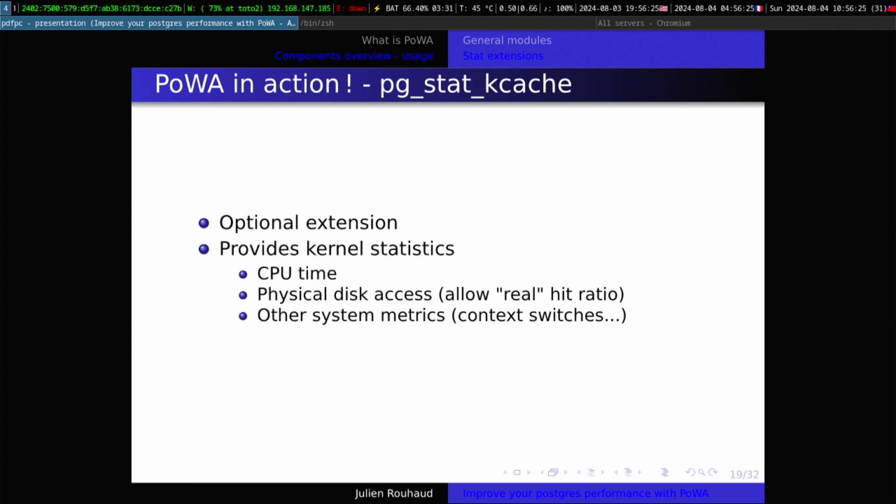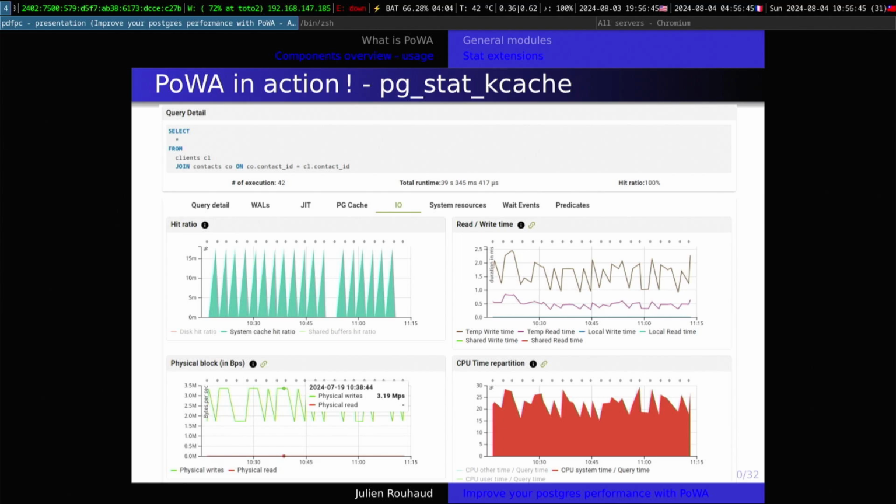And with this extension, we can also compute a real hit ratio. Usually with pg_stat_statements, all you can see is what was in the shared buffer or outside of the shared buffer. But if it's outside the shared buffer, you have no idea if it was in the OS cache or if it was on the disk. So it's really hard to optimize. With the extension, you can distinguish both of them. And some other system metrics like the context switching and others.